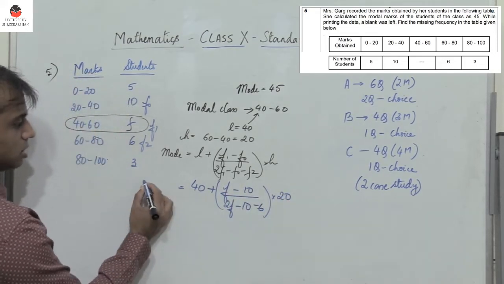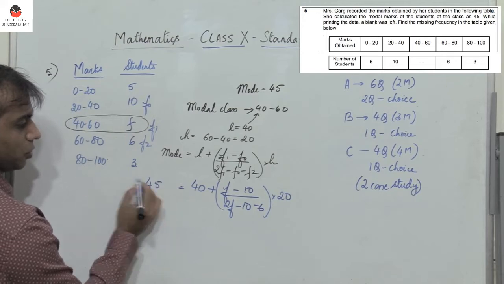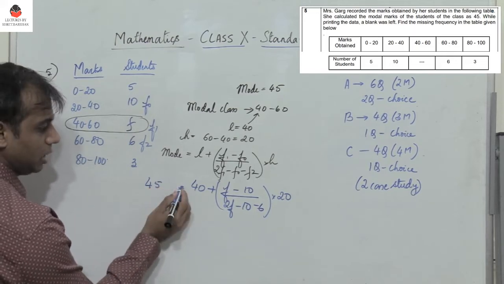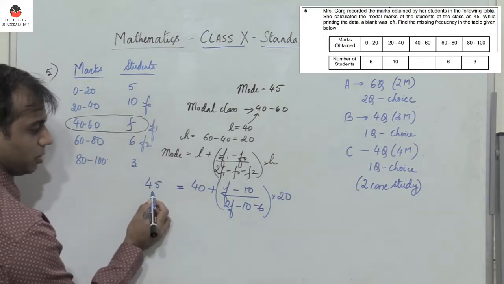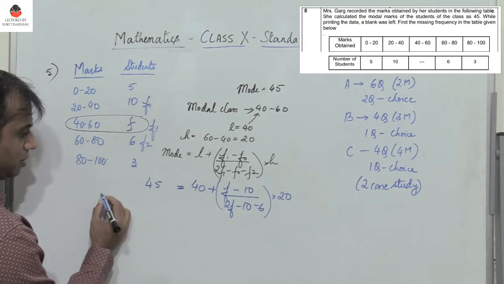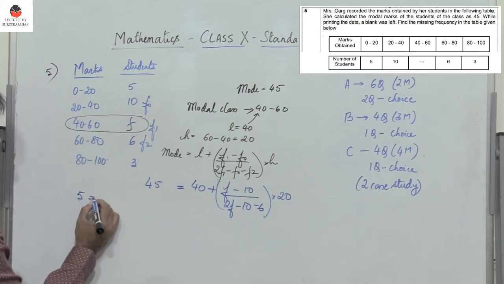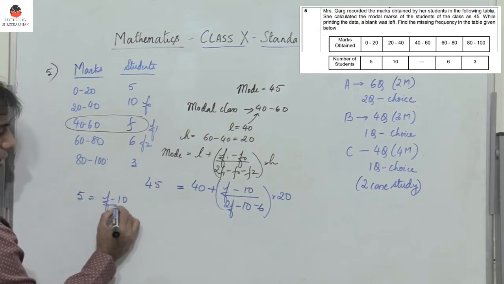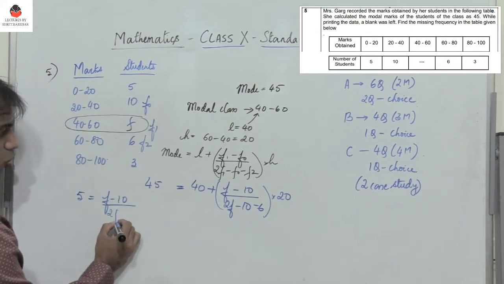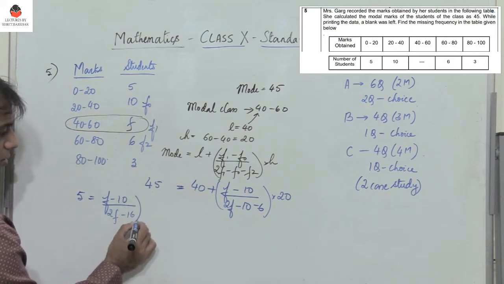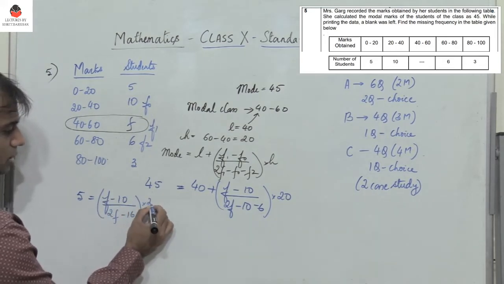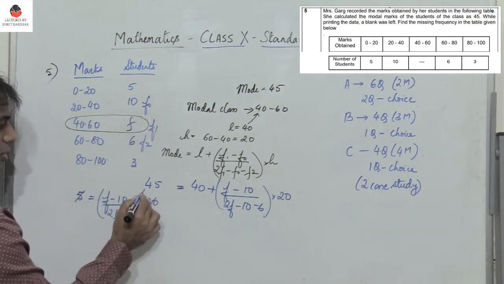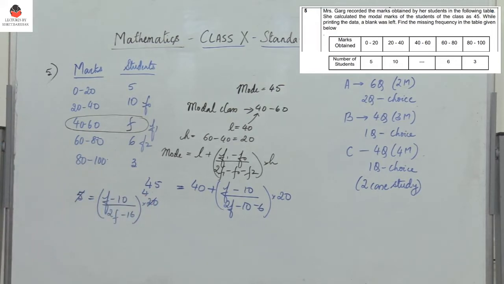Alright, so this is mode, which is 45, of course. So let me take 40 to the left side. So it becomes 45 minus 40, which gives me 5. So let me write here 5 equals f minus 10 divided by 2f minus 16 into 20. So 5 4s are 20 here.